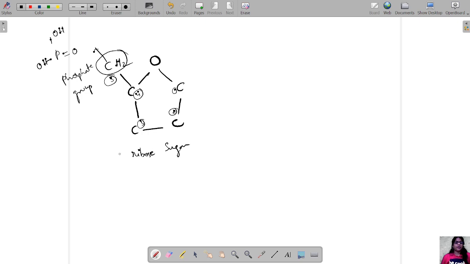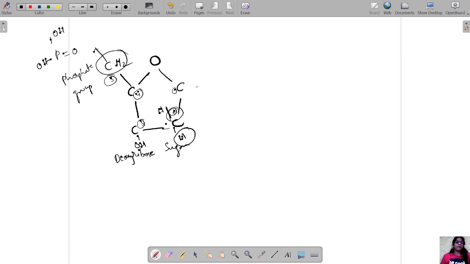As I am talking about DNA, it is a deoxyribose, because in the second position you have H, instead of OH as in RNA. As the O group is lacking in the ribose part of DNA, it is called deoxyribose.